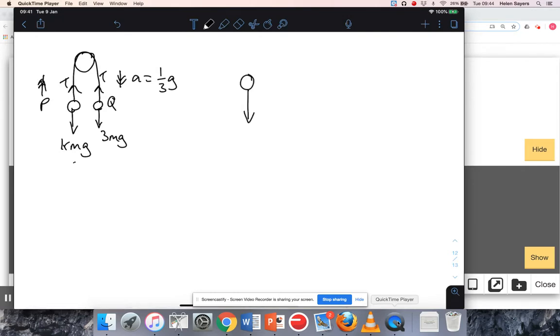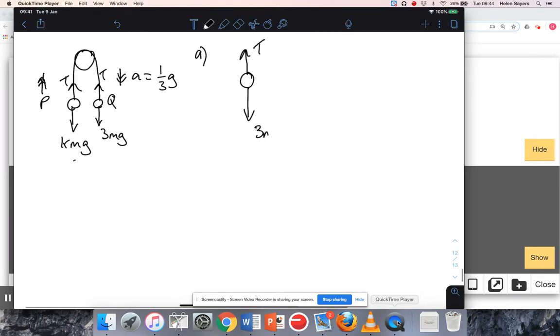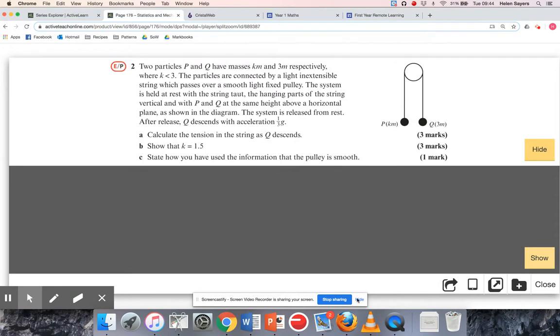So if I just sketch out Q, Q has got the tension pulling it up, it's got its weight pulling down, and overall it's accelerating down with an acceleration of 1/3 g. And I am trying to find the tension.